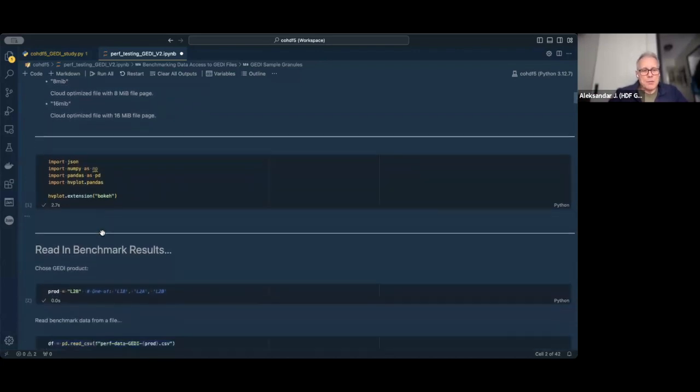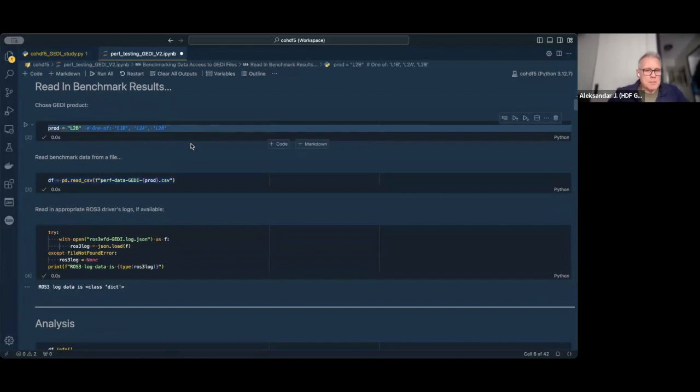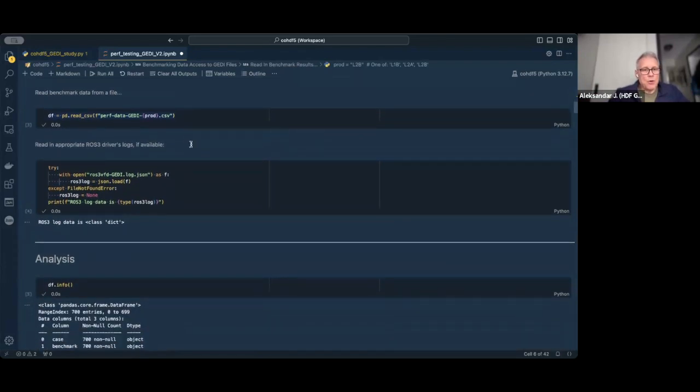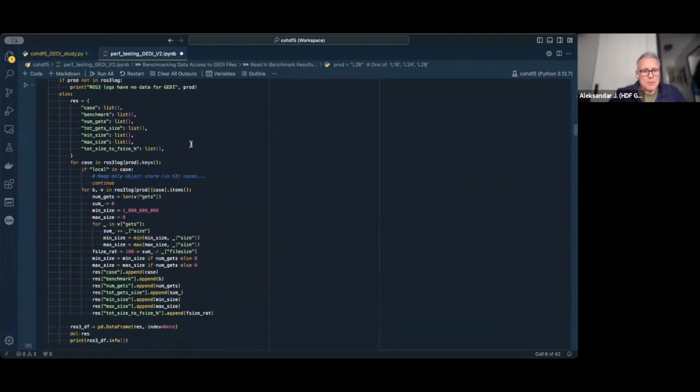And then I used the results. So for this particular data, as I said, I'm going to use the L2B file, although I had two other product files, a level 1B and level 2A, but we're just going to use this one.